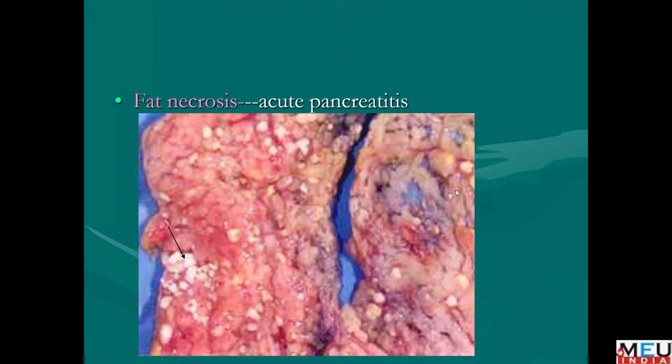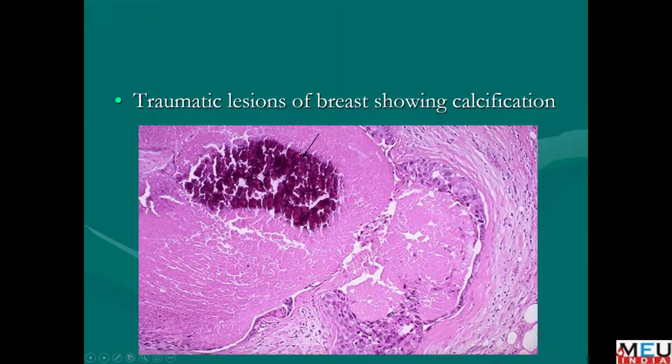In fat necrosis, in pancreatitis, also there is collection of calcium particles inside the fatty tissue, and they can be seen. Now, this is in a breast. Because of fat necrosis, there is collection of the traumatic lesions, and they form a calcification.